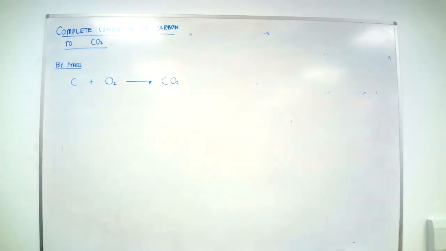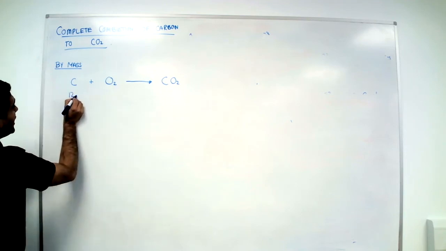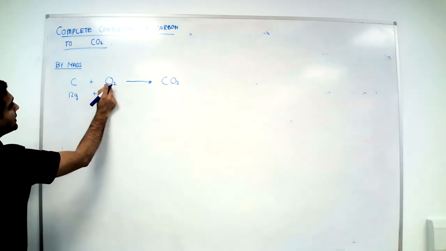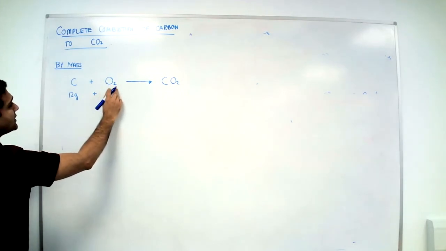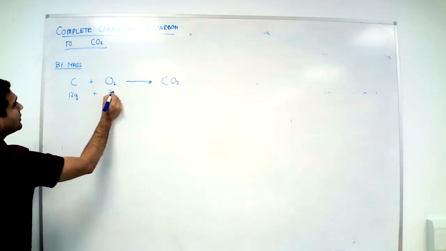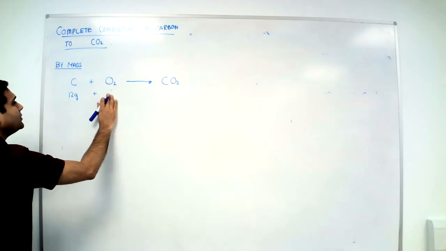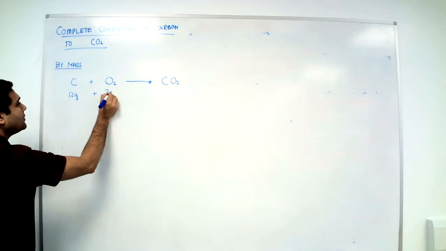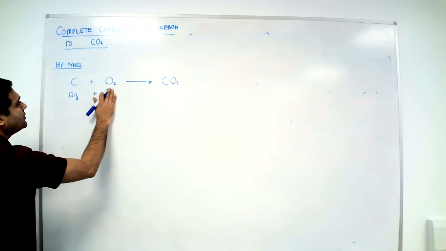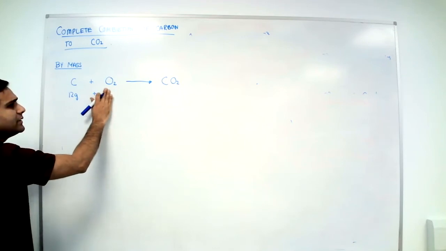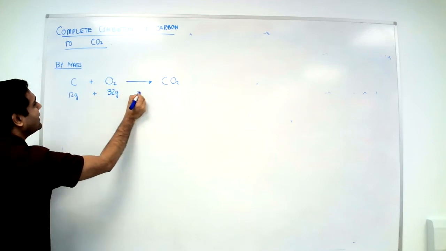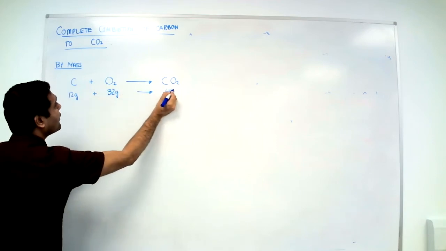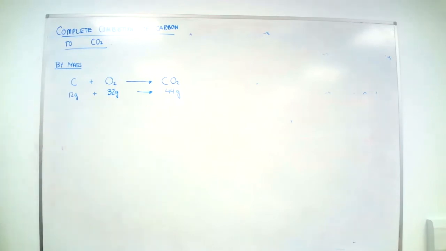Now, we know it's 12 grams of carbon plus 32 grams of oxygen, since O2 is 32. And that gives you 44 grams. So the equation is balanced in terms of mass.